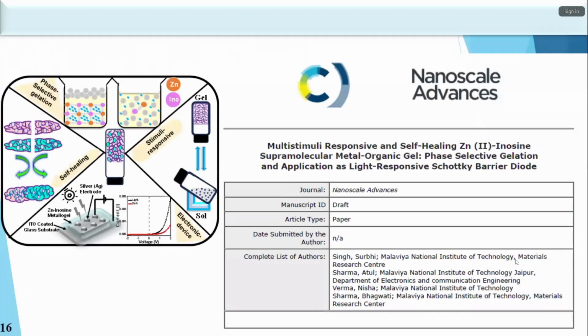we again synthesized a multi-stimuli and self-healing zinc inosine supramolecular metal-organic gel for phase selective gelation and application as a light responsive Schottky barrier diode.